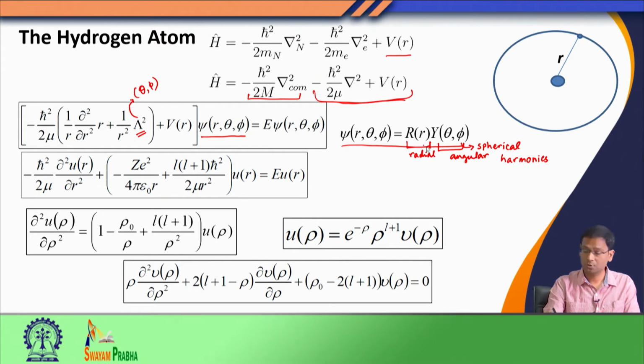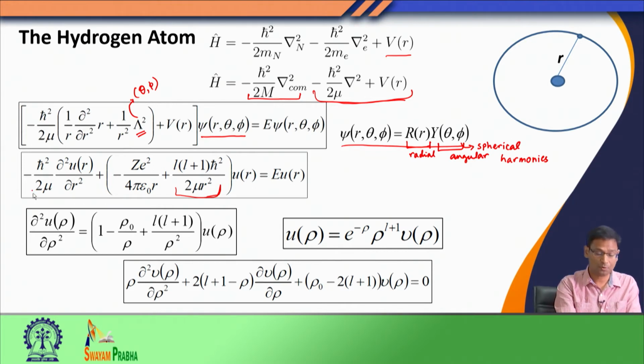Once we use this variable separation, the Schrodinger equation gets simplified. You see the action of this Legendrian operator on this wave function, which has R and Y, and when the lambda square acts on this Y function, we get this second term in this potential energy.